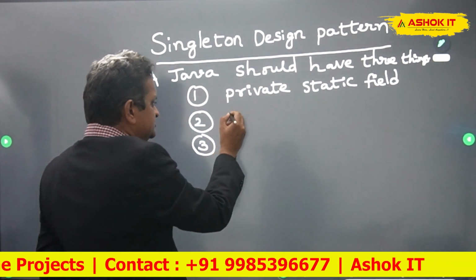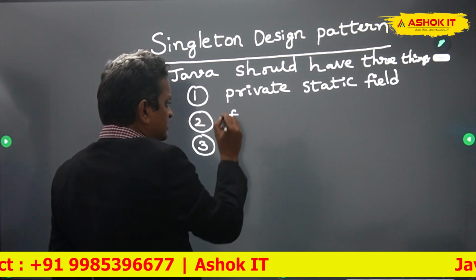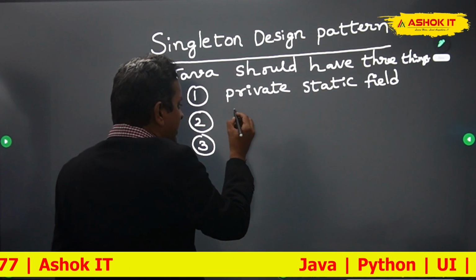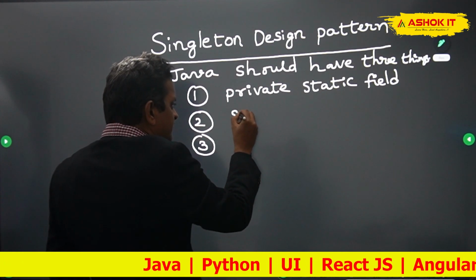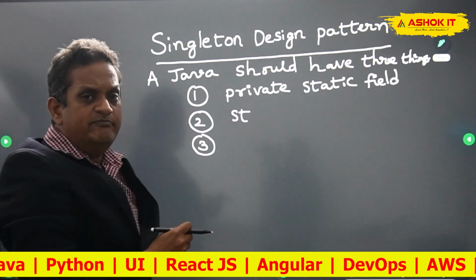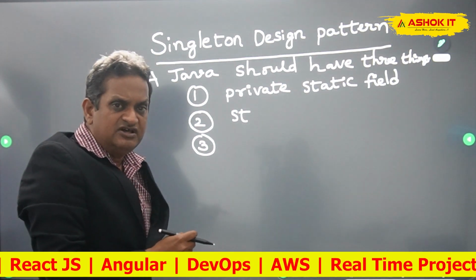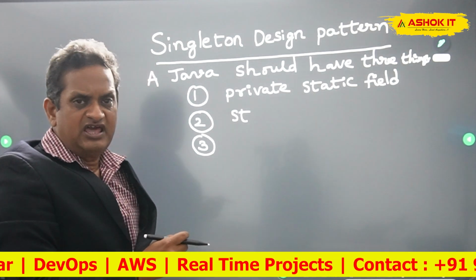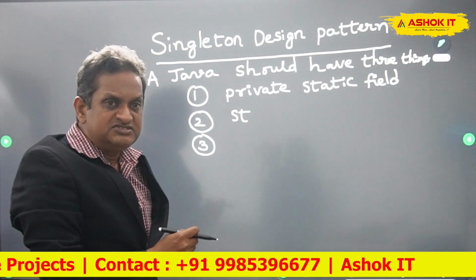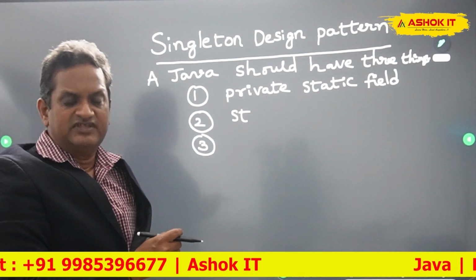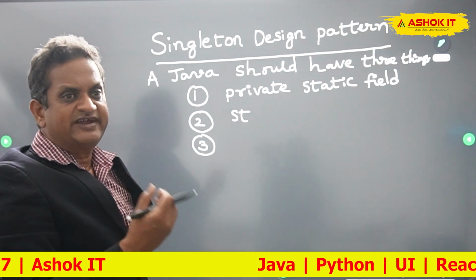The second thing is a static factory method. A factory method means a method that creates the instance of the class or provides the reference of the instance of the class. We call it a factory method.